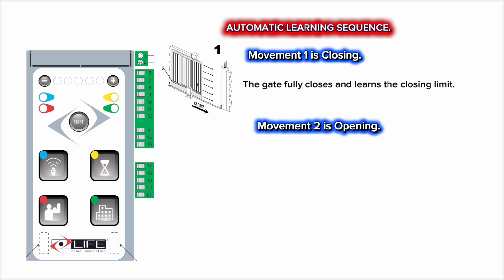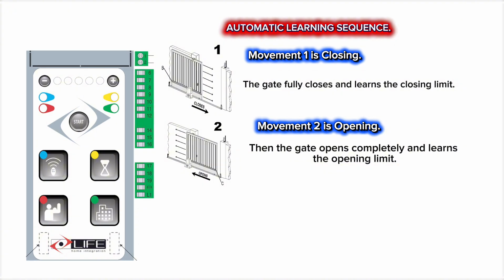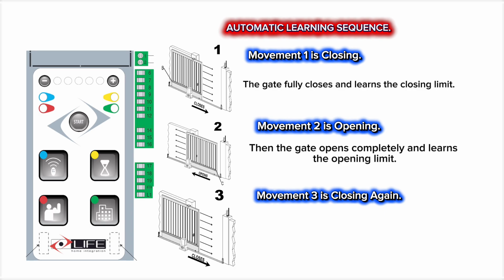Movement 2 is opening. Then, the gate opens completely and learns the opening limit. Movement 3 is closing again. Finally, the gate closes again to complete programming.